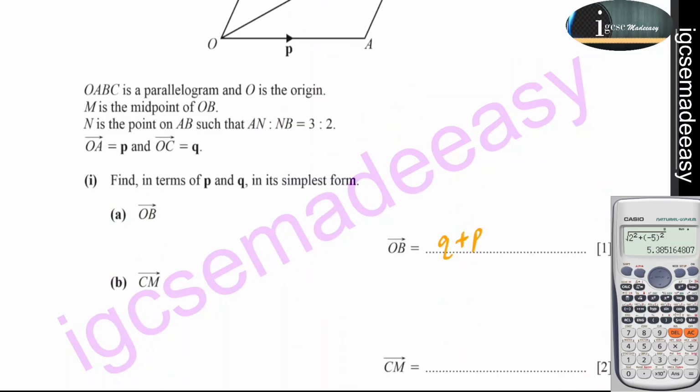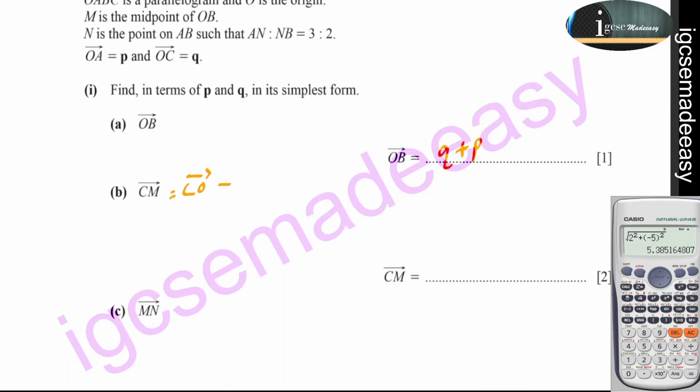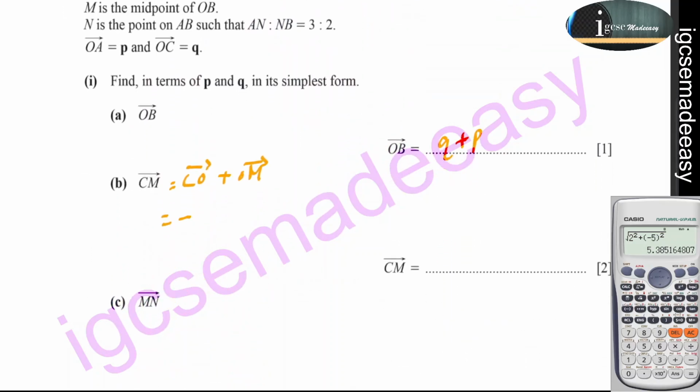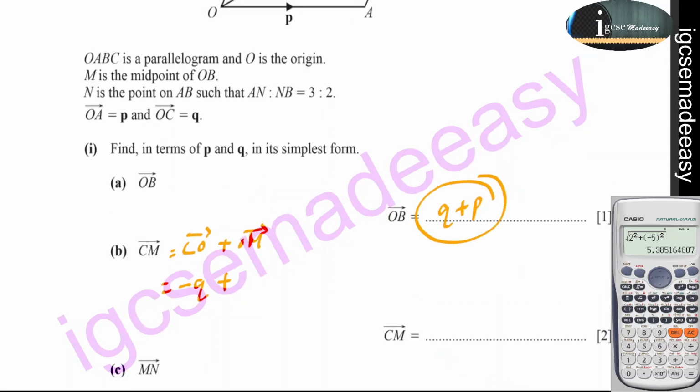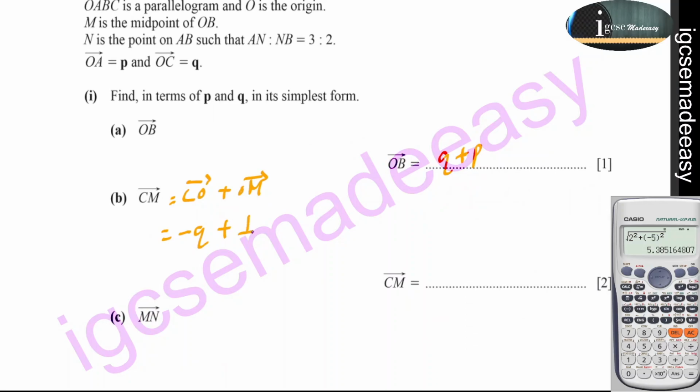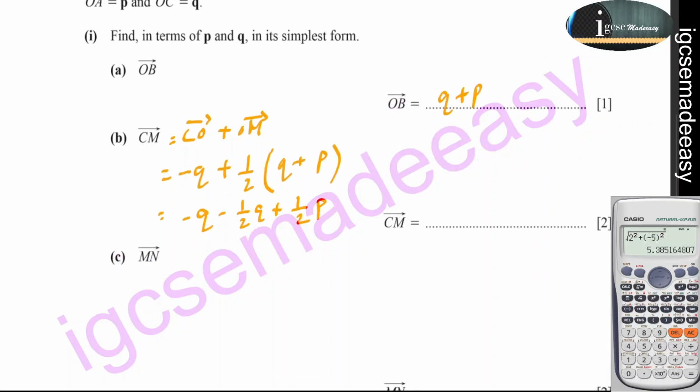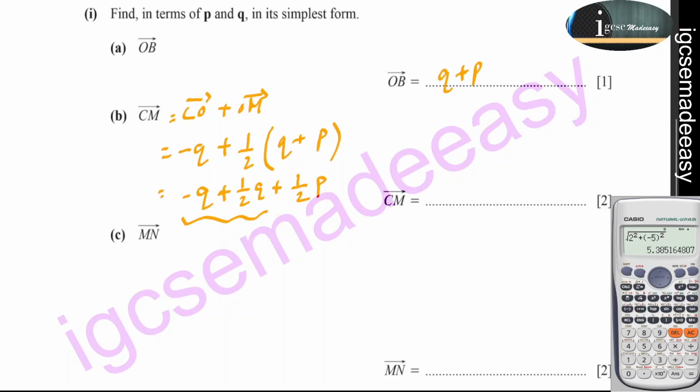To reach CM, CO plus OM, and CO is equal to negative Q, minus Q, plus OM, which is half of OB, and OB is Q plus P. If we expand this, minus Q plus 1 by 2 Q plus 1 by 2 P. So this gives you minus Q plus 1 by 2 Q plus 1 by 2 P. If you simplify this, minus 1 plus 1 by 2 is minus 1 by 2 Q, plus 1 by 2 P.